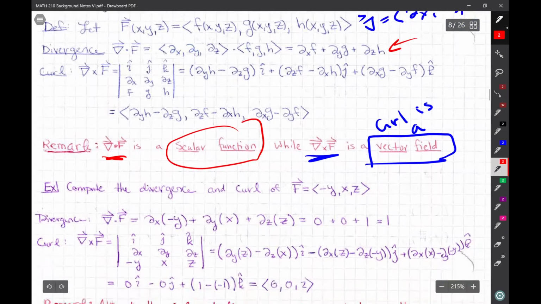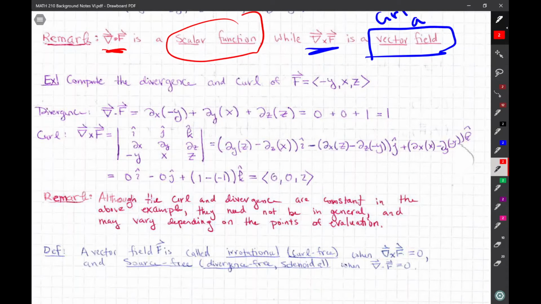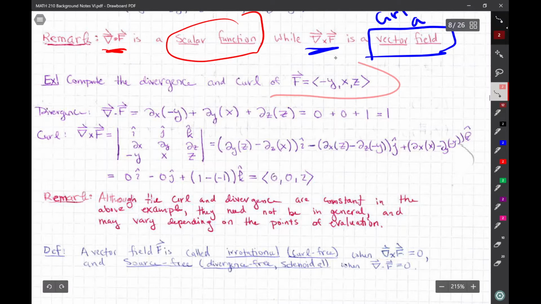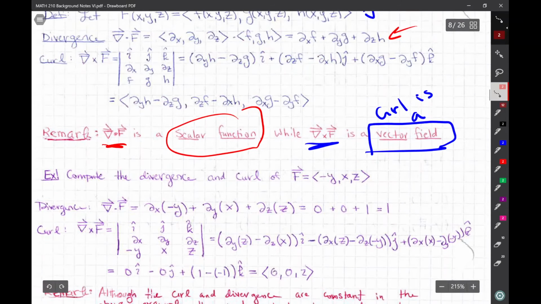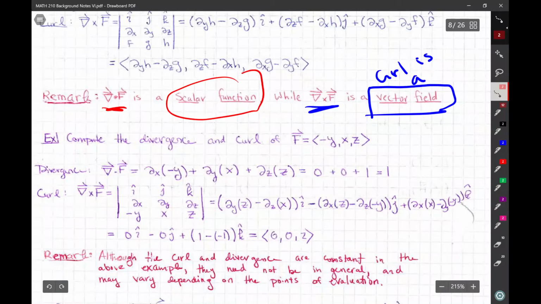Let's take a look at an example of taking the divergence and curl of, say, this vector field here. If we take the divergence, you would just use this formula that we have here, with f being the x component of the vector field, and on and on.